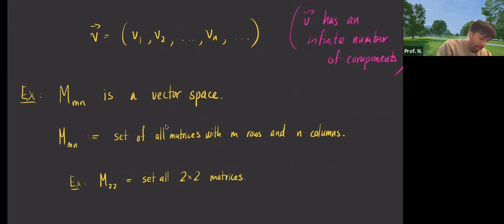So for example, you can treat matrices themselves as vectors. If you have a matrix with entries 1, 4, 7, -7, 2, this is comparable to having a vector like this.